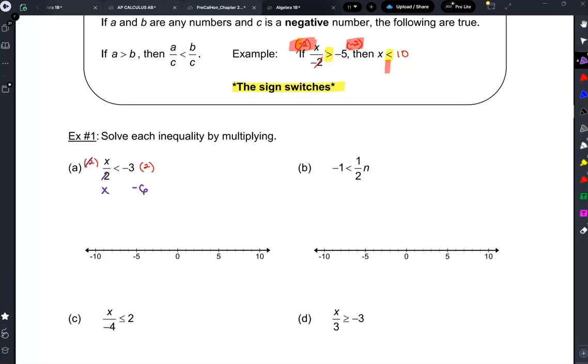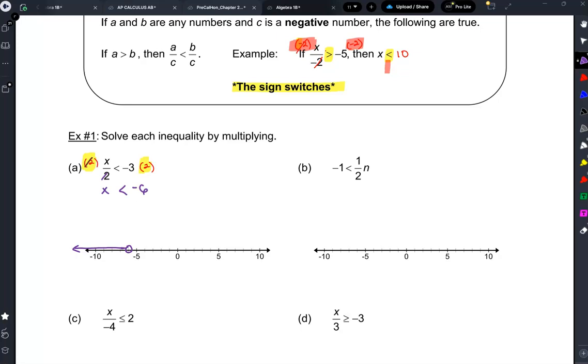Positive, so keep the sign. It's not like anytime there is a negative in the problem, I got to switch the sign. Only look at the thing you are multiplying with. Okay? So, x is less than negative 6. We go to negative 6, less than goes this way.